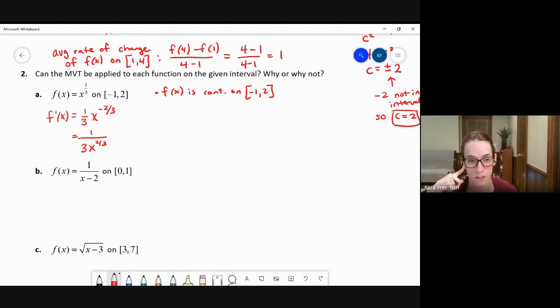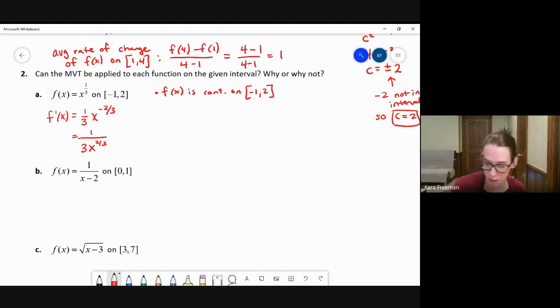Ooh, I see some differing answers. I'm still seeing differing. I'm seeing a lot of this and a lot of this. You have an x in the denominator, correct? At what value could x not be? 0. Is 0 in my interval? Yes.